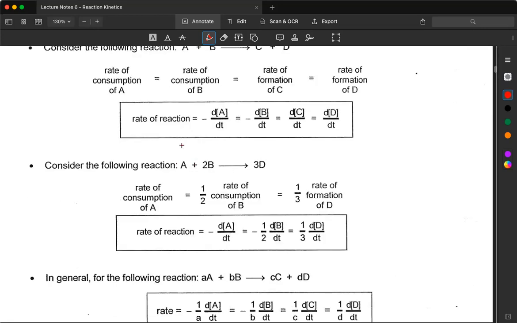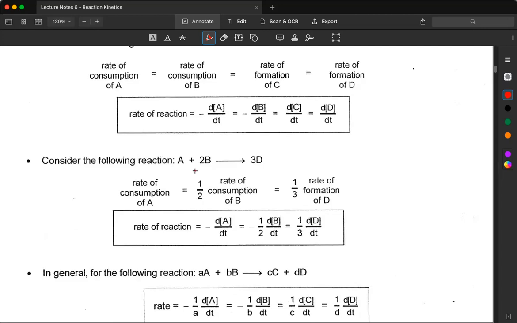And if we have this reaction with 1 mole of A reacting with 2 mole of B to form 3 mole of D, then we need to consider the mole ratio. So for rate of reaction, you can either take the change in concentration of A over time or 1/2 of that for B. So since the mole ratio of B to A is 2:1, you need to divide by 2 to obtain the rate of reaction with regard to concentration of B. We also do likewise for D, where the mole ratio is 3:1.